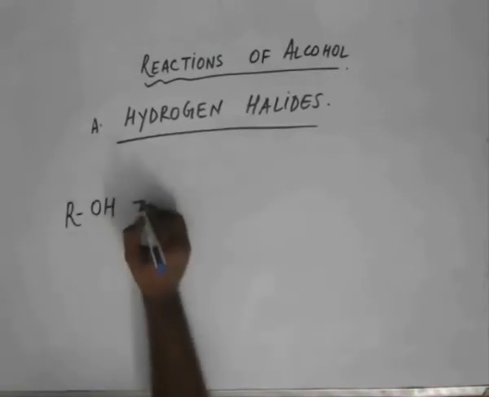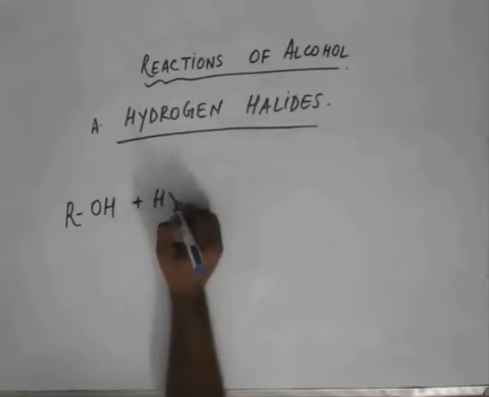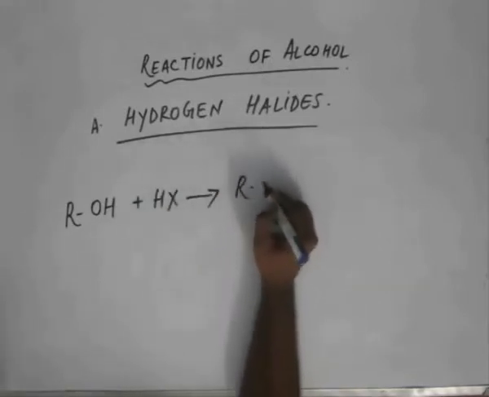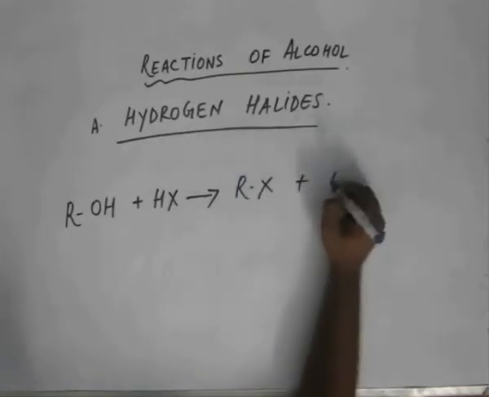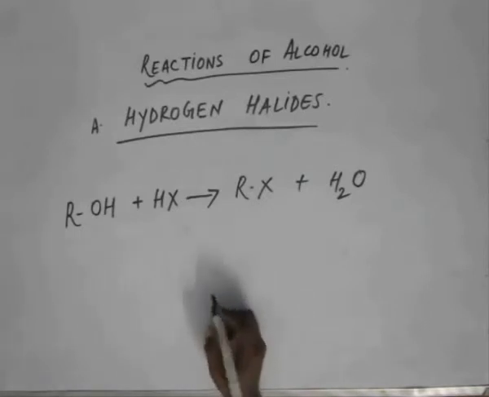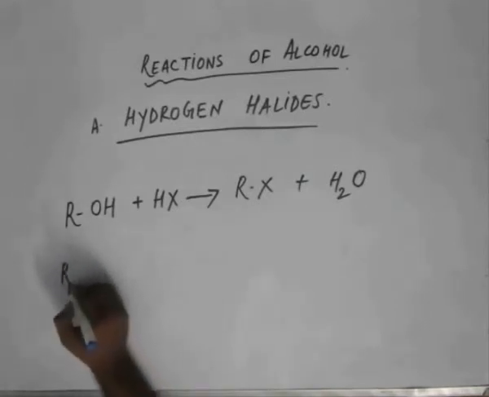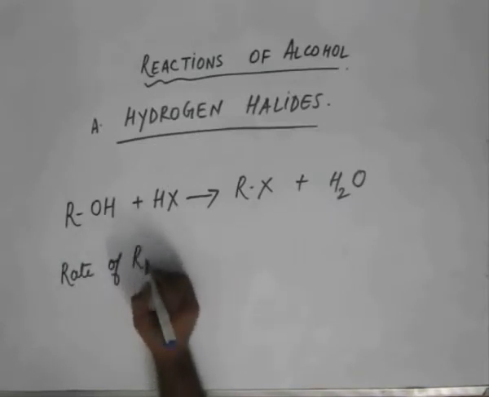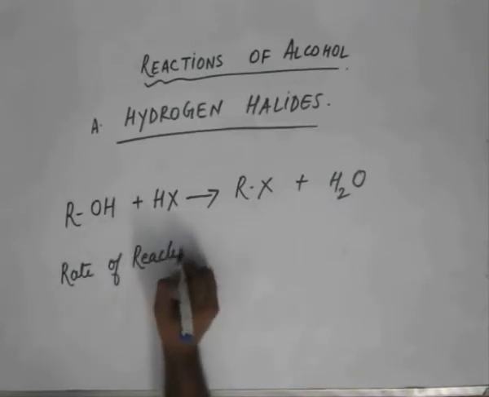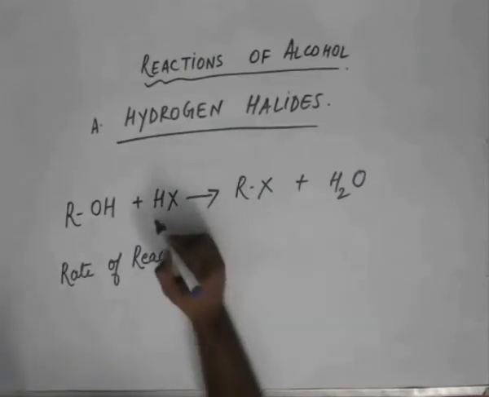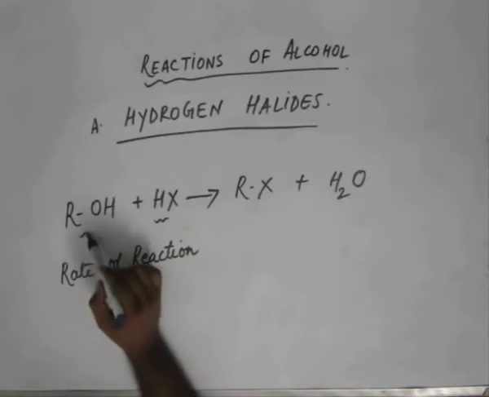The alcohol plus the hydrogen halide gives RX plus H2O. The rate of reaction depends on the hydrogen halide and the alcohol, both.